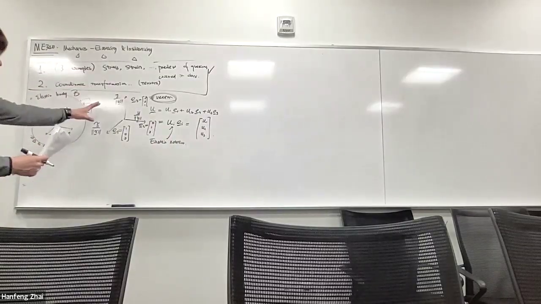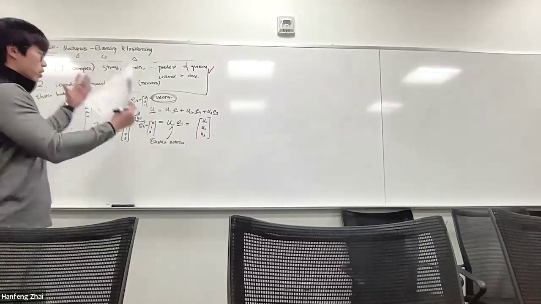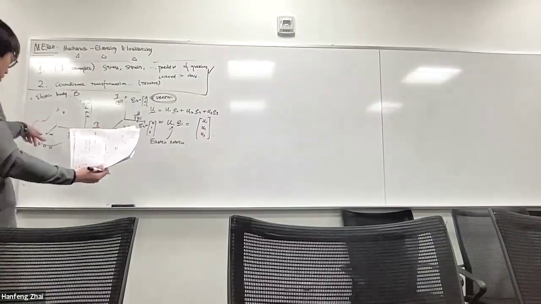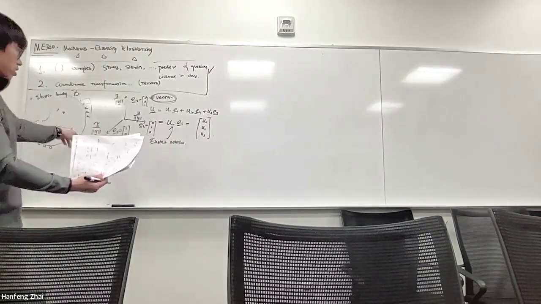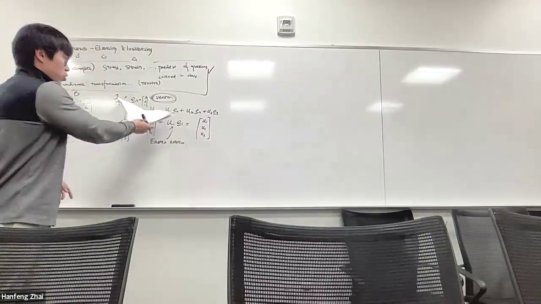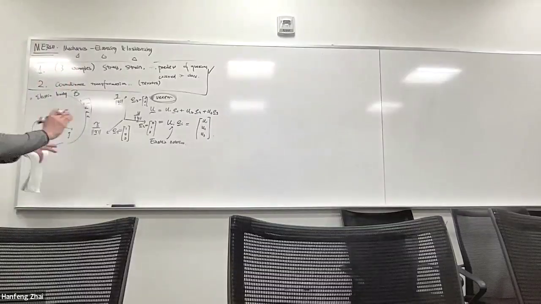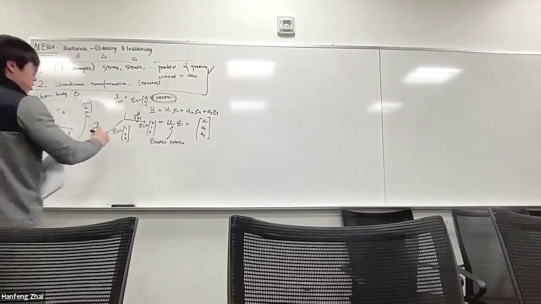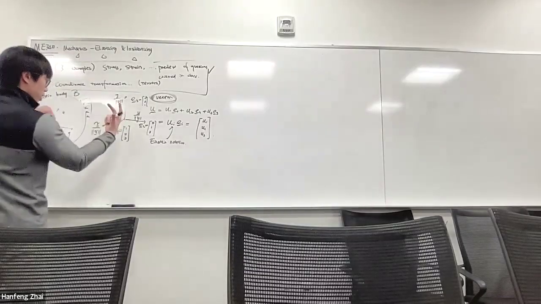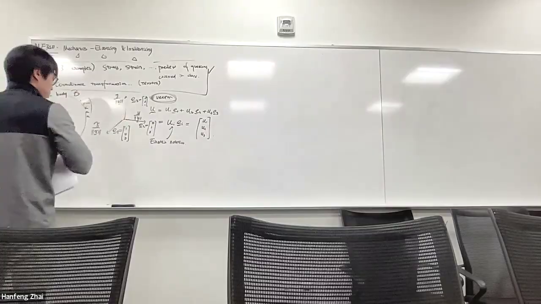So the displacement vector exists, and to represent this displacement vector under this coordinate system x, y, z, we can write it in the form of U1, E1, U2, E2, U3, E3. And what if we slightly change the coordinate system a little bit? For example, this origin, we slightly rotate the coordinate system.